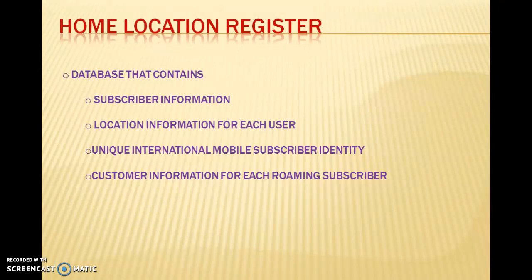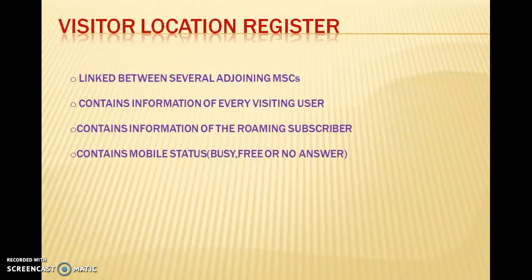Subscriber information means the identity of that subscriber, and location information means to which MSC that subscriber belongs, along with its unique International Mobile Subscriber Identity, its IMSI number, which will be traced when he moves to any roaming area. It also holds the customer information for each roaming subscriber when the subscriber has visited and logged in to another MSC. That information will be collected in the home location register.